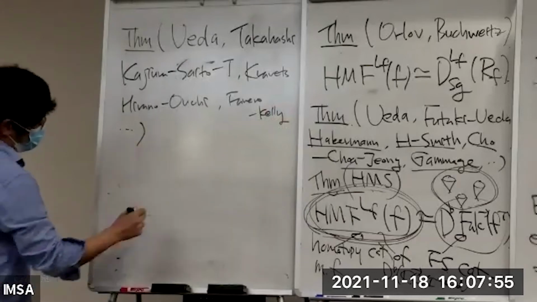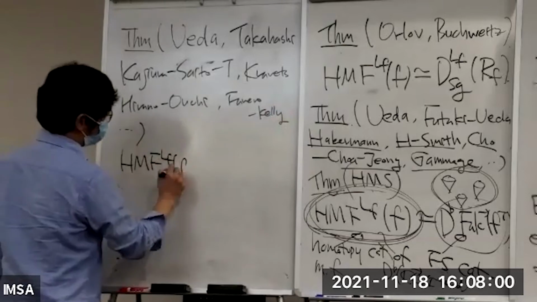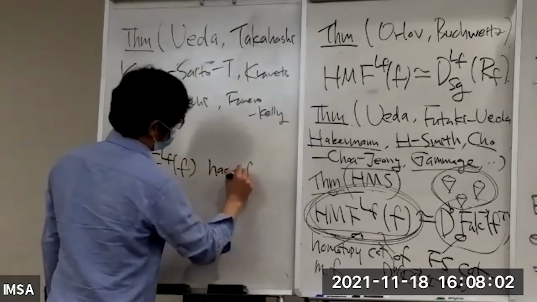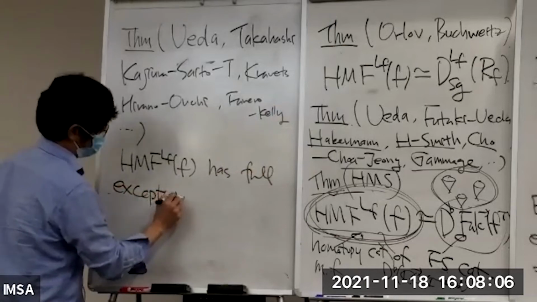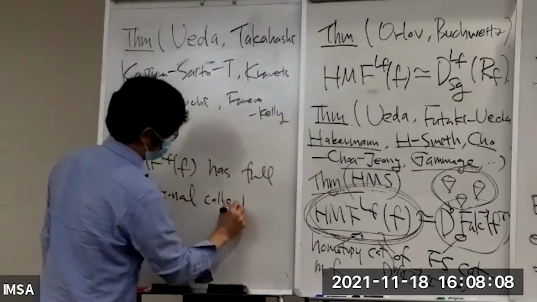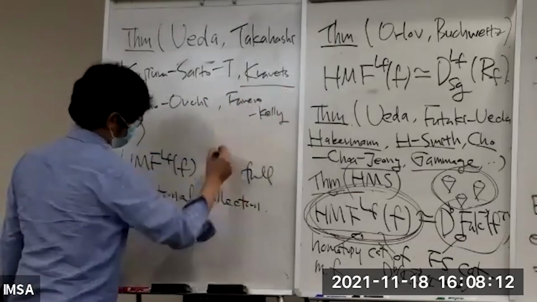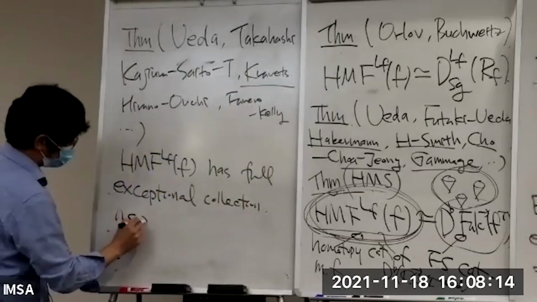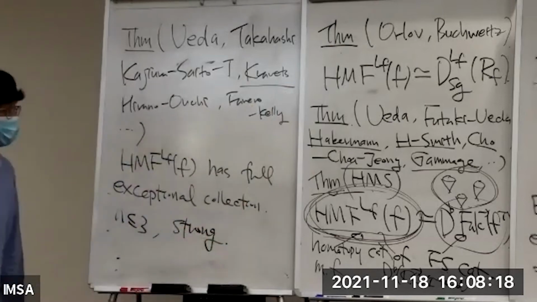In any case, they prove that this factorization category has a full exceptional collection, and indeed prove that when n is greater than or equal to 3, this is indeed strong. There are really many results.